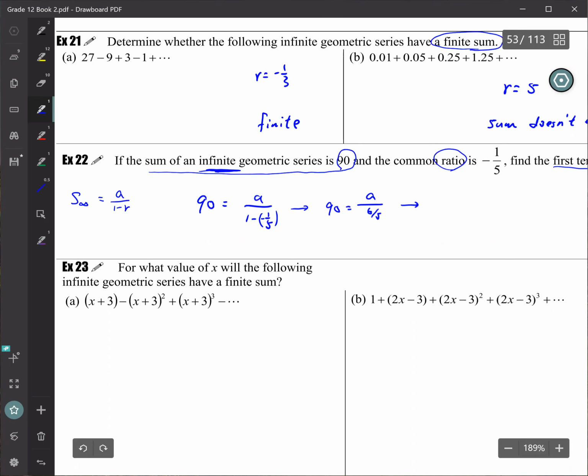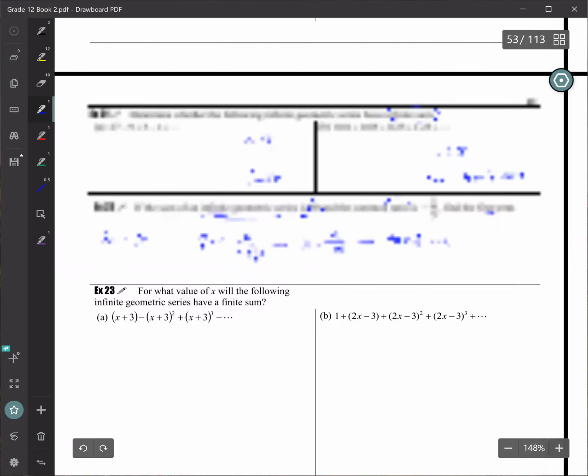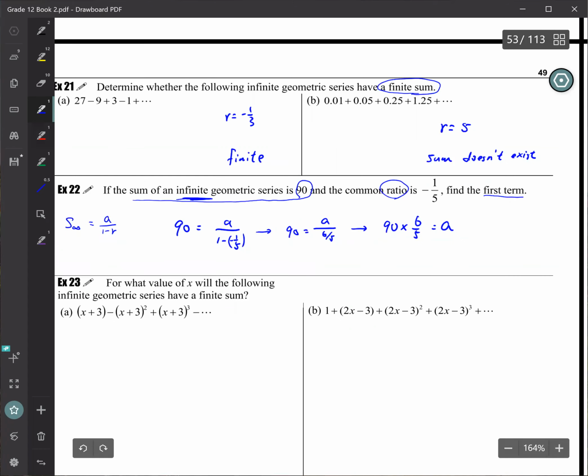And then you multiply 90 times 6 over 5. And then it equals 108. Equals which one? 108. Okay, so this is cross multiplying. So 6 over 5 multiplied to the left side, and you get 108.